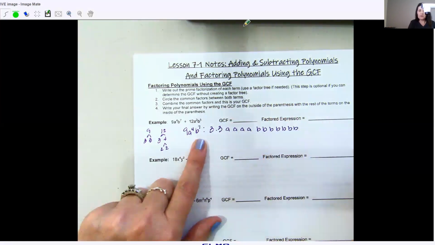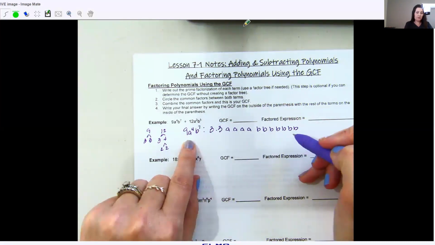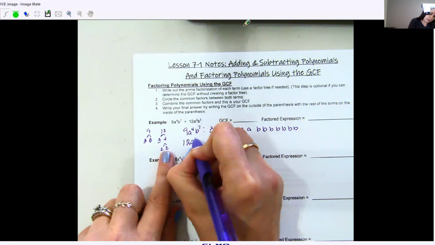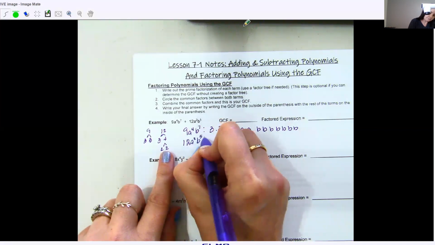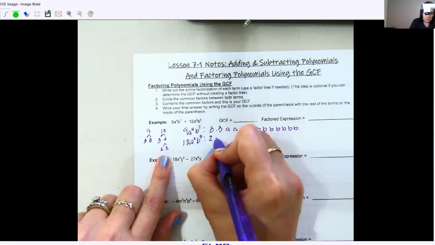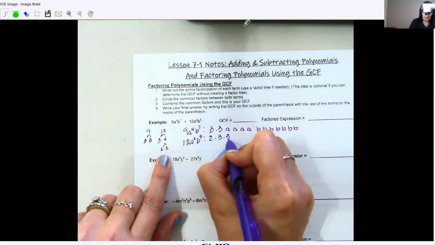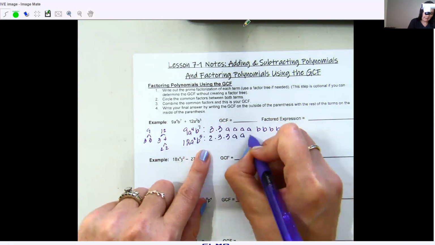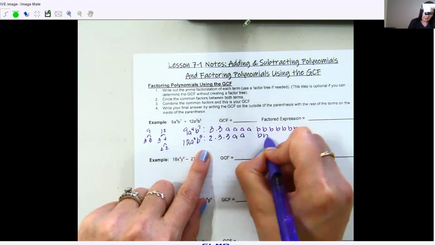Okay, so I factored this first monomial out. Now I'm going to factor the next one out. 12a squared b to the 5th. And when I factored out 12, I got 2 times 2 times 3. I have 2 a's and I have 5 b's. I'm going to bring these down here.